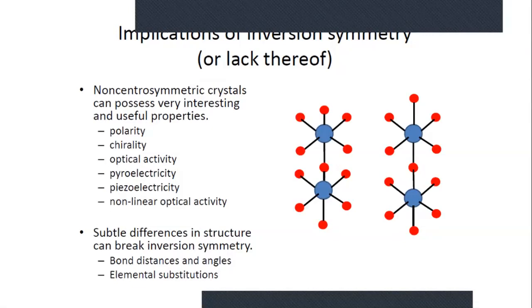So if you don't have good quality single crystal data, and it causes your bond distances not to be very accurate, that could affect whether or not you have an inversion center or not. So very slight differences in these types of things, such as bond distances and angles, can affect whether something has inversion symmetry or not.